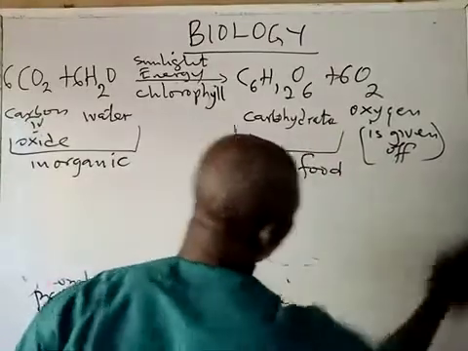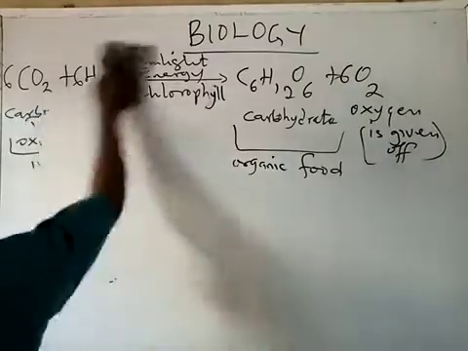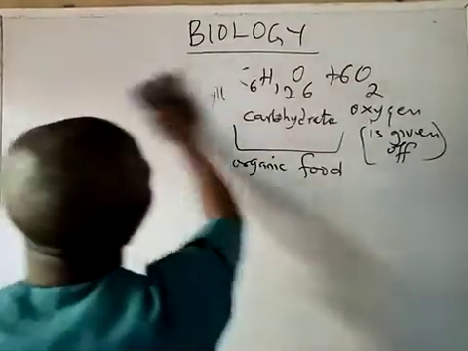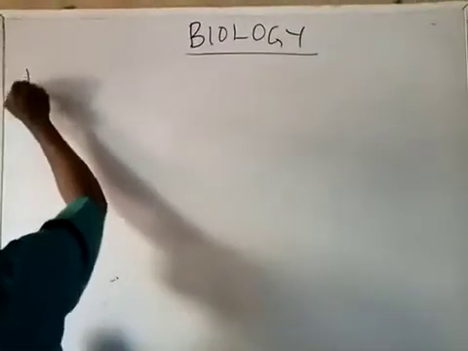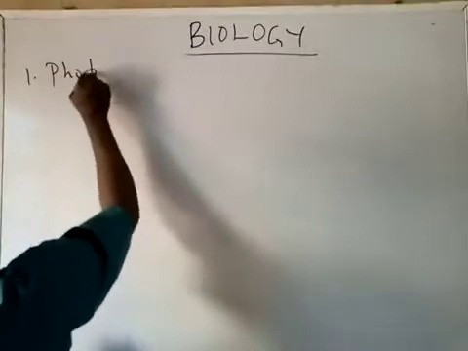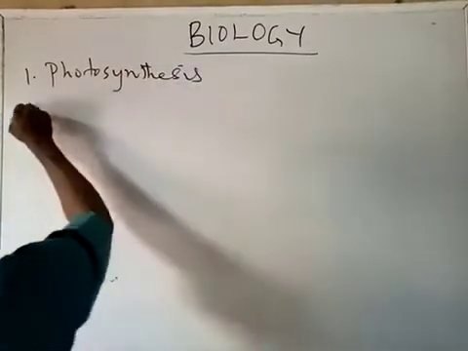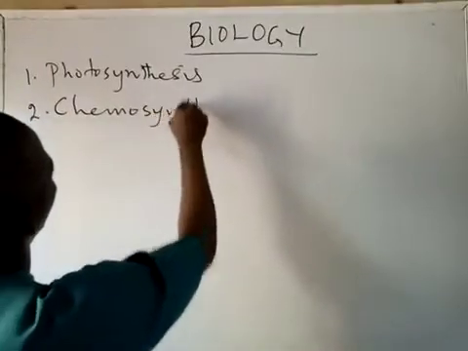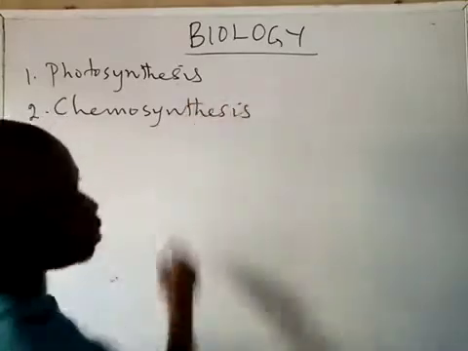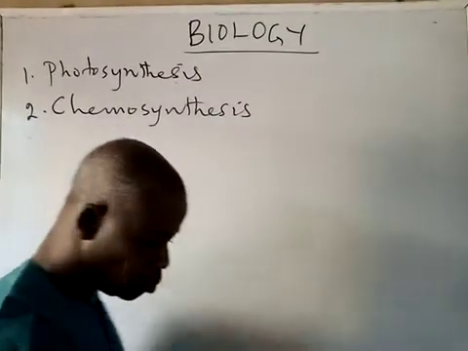The second type is chemosynthesis. So the first one is photosynthesis, and the second one is chemosynthesis. What is it about this chemosynthesis?